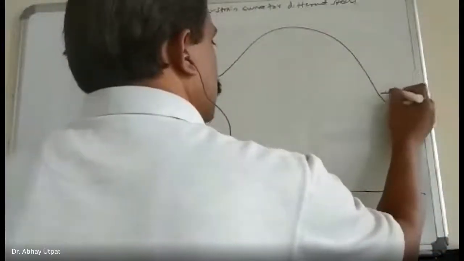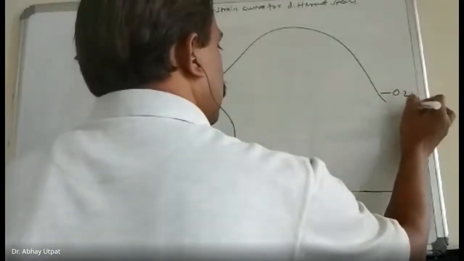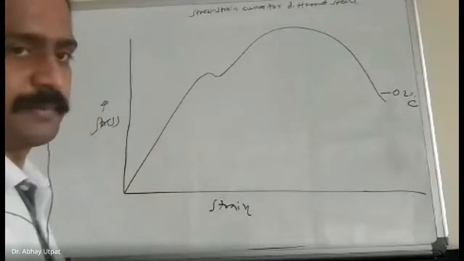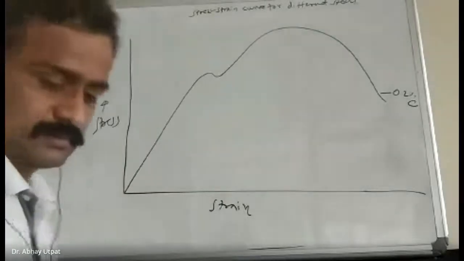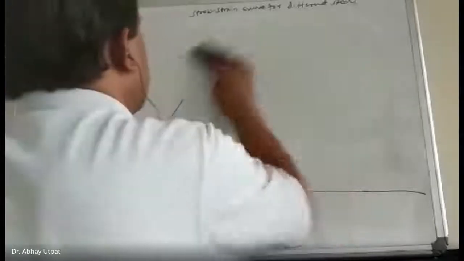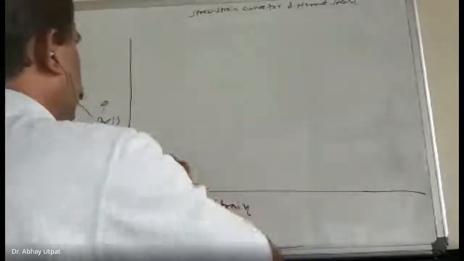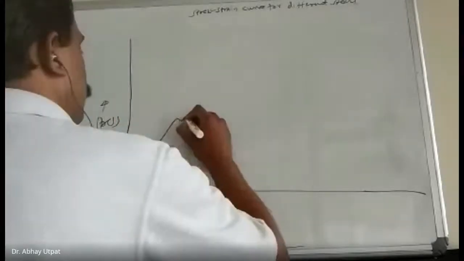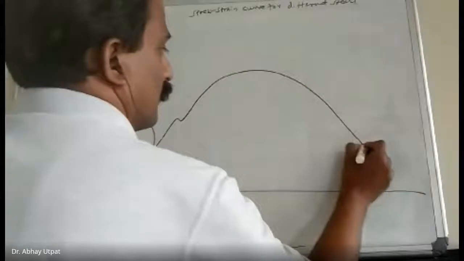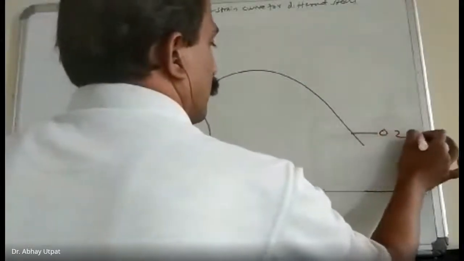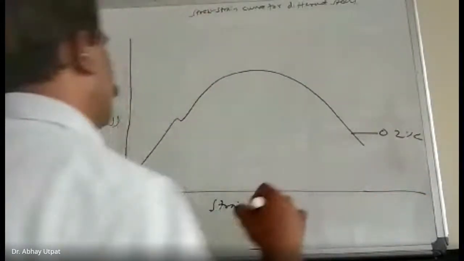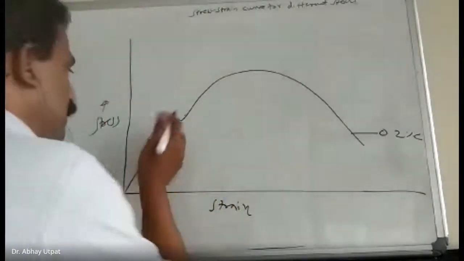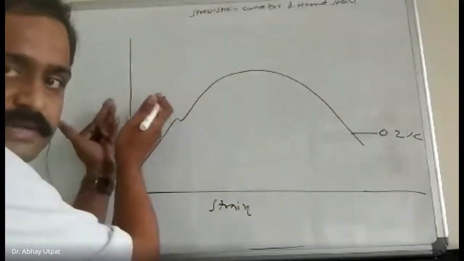This is for 0.2% carbon steel. As percentage of carbon is increased, it will try to shift to left side.